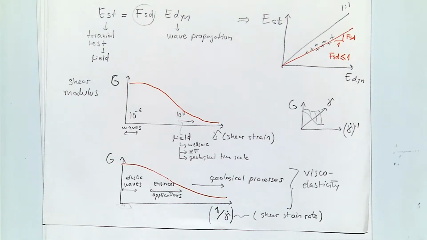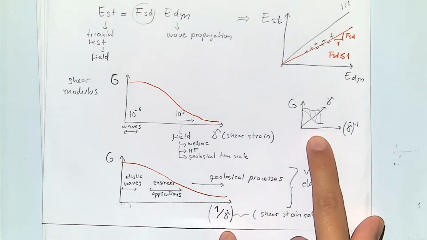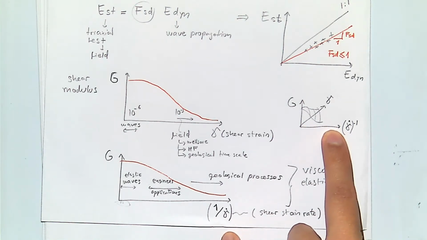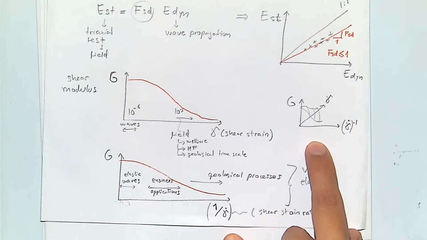Yes. Does this reasoning work for the shear modulus, but also for the bulk modulus and for the axial modulus? Well, when we get into the bulk modulus and into Young modulus or constraint modulus, you have one more variable that I don't want to get into right now, which is the fluid inside. It's how much time it takes for the fluid to get out of the pores, and that's a different thing. It's not related to the mechanics of the rock itself from grain to grain contact, but to the fluid inside.